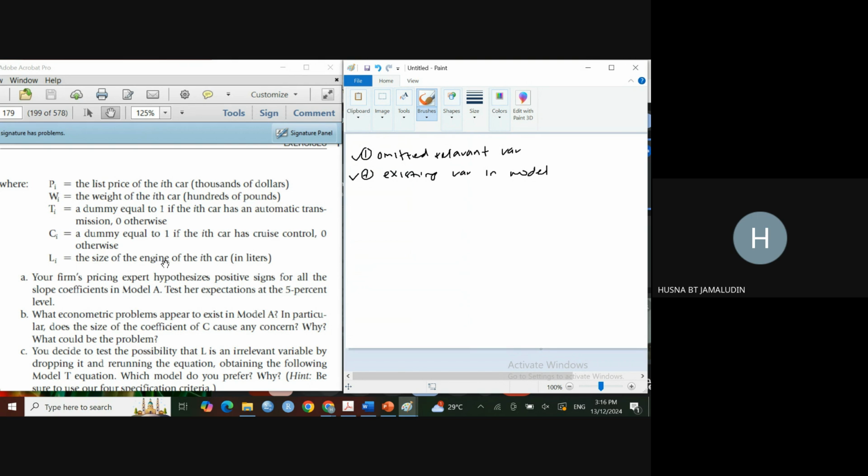Is there any other variable that you think can affect the price of your car? Any other variable that you think is relevant? Anyone? The brand of the car, madam? Yes, of course. If you want to purchase a Myvi and you want to purchase a BMW, do you think they will have the same price? Of course, different, right? So the brand of the car.